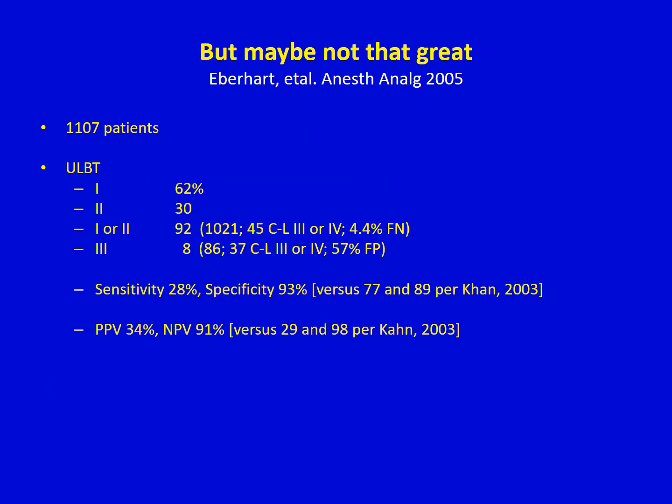However, another author found this to be not quite as good, with a low sensitivity, a fairly good specificity, but a poor positive predictive value and a good negative predictive value.